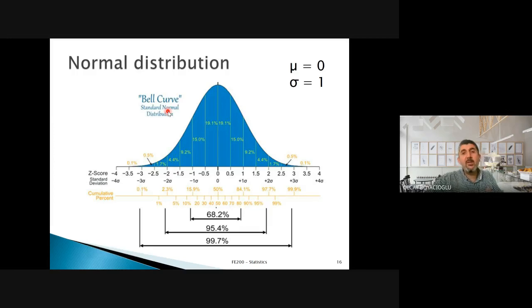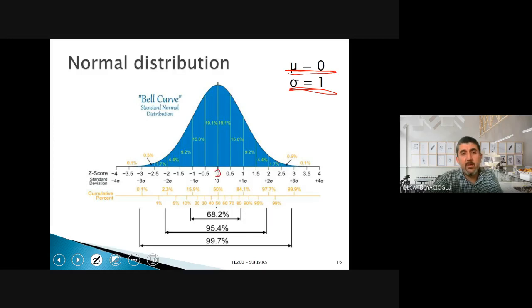When we say Z distribution, what do we mean? We mean the mean value, mu, is equal to 0 and standard deviation is equal to 1. Any normal distribution with mu 0 and standard deviation 1 is a Z distribution.